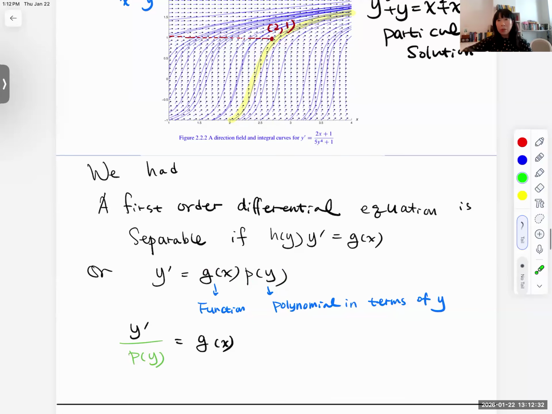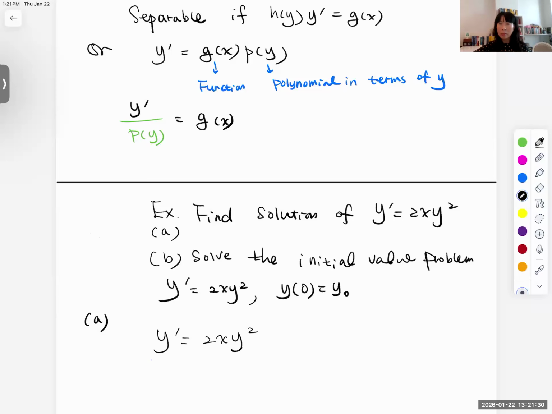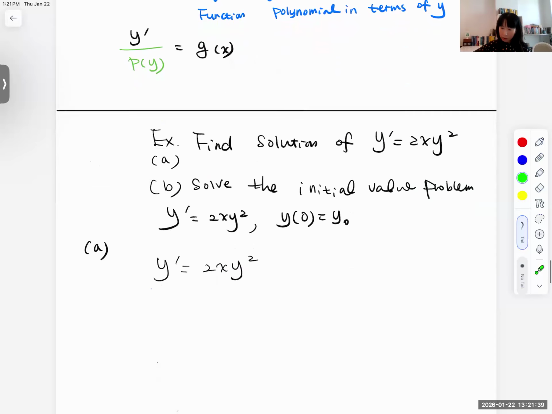All right. So let's do these questions. We need to solve for the solution. So y prime equal to 2x y squared. Divide by y squared on both sides.